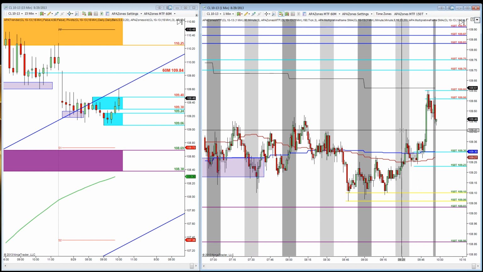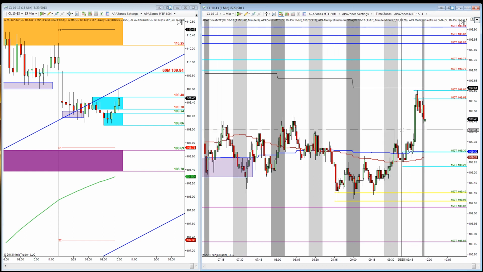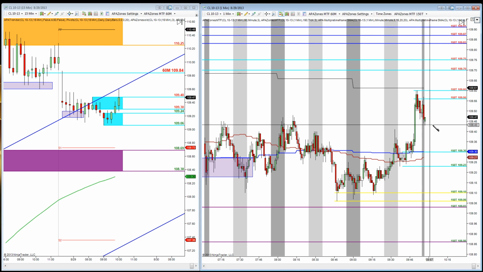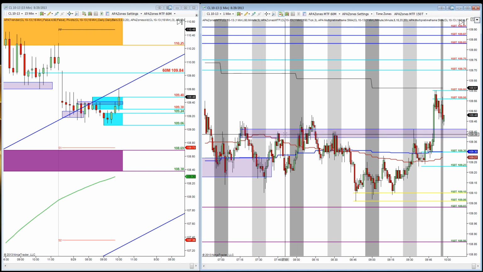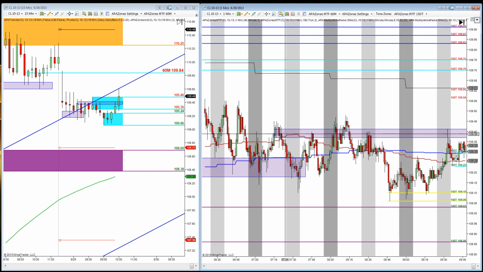Alright, first place that I'm looking for resistance is right where my cursor is, and just to kind of draw a little line across here. But remember, price is probably not going to respect just a little line. It's probably going to be more of a zone.